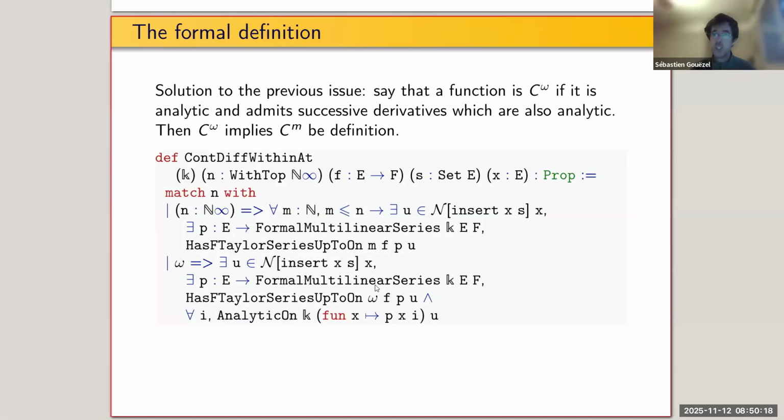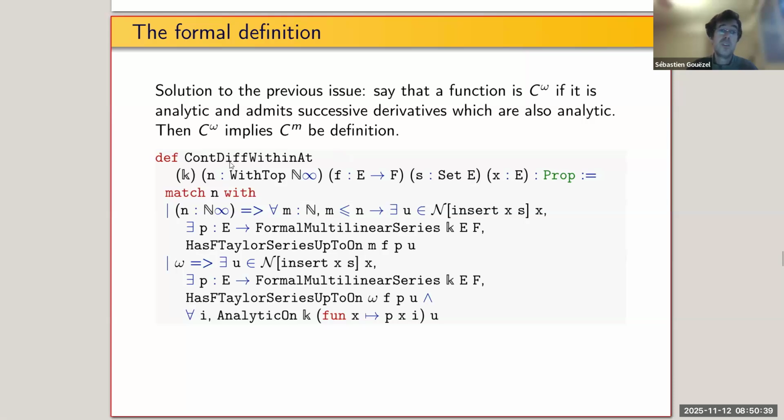So I can show you the formal definition of a Cn function inside a set that we have in mathlib. This definition is copied from mathlib. And it's really taking what I've just explained and putting it into symbols.